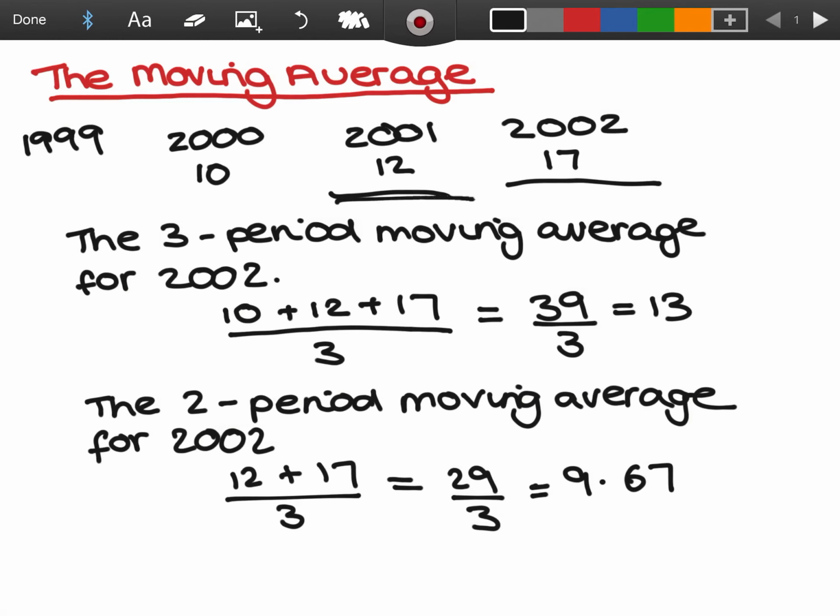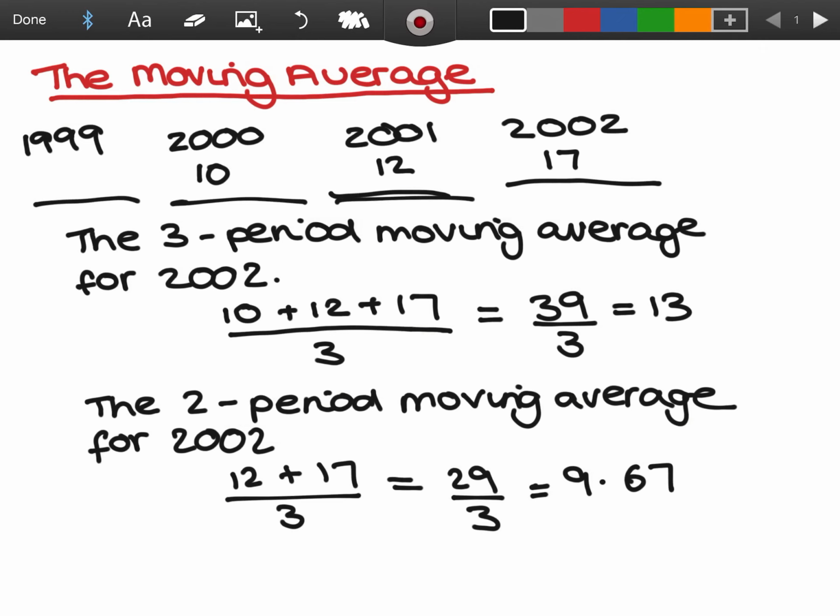So I would need 1, 2, 3 if I did a 3-period moving average for 2001. You always start at the time period that they give you, in this case 2002, and you work backwards from that time period so that you have the correct number of periods that they're asking for, and then you just take the average over those periods. That is a moving average.